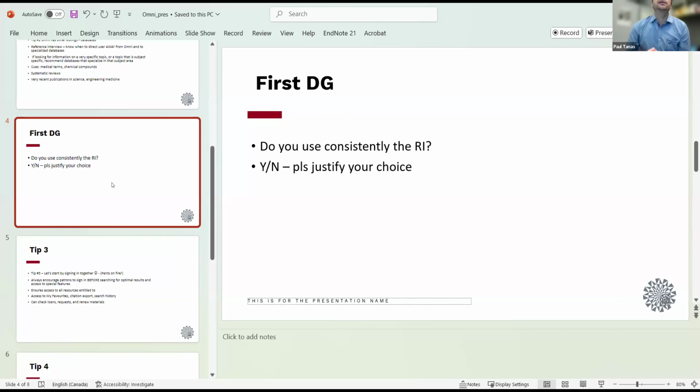Oh, okay. So you get some sort of prompt that allows you to build a Boolean search.